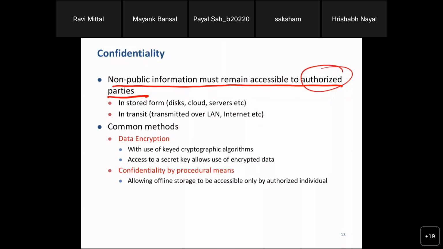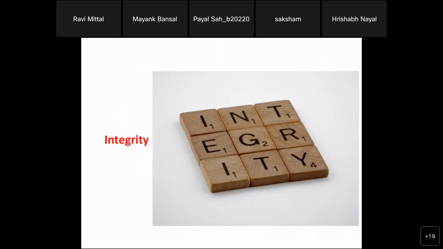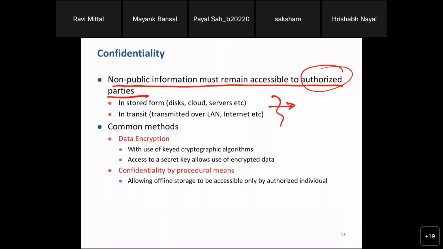Of course, a normal practice is that we store information on disk, cloud, server, etc., and there are ways to make it confidential. Similarly, in transit, when you send it over the internet or over a LAN, the information should remain confidential. So there must be mechanisms corresponding to both of these. One very important mechanism is data encryption.